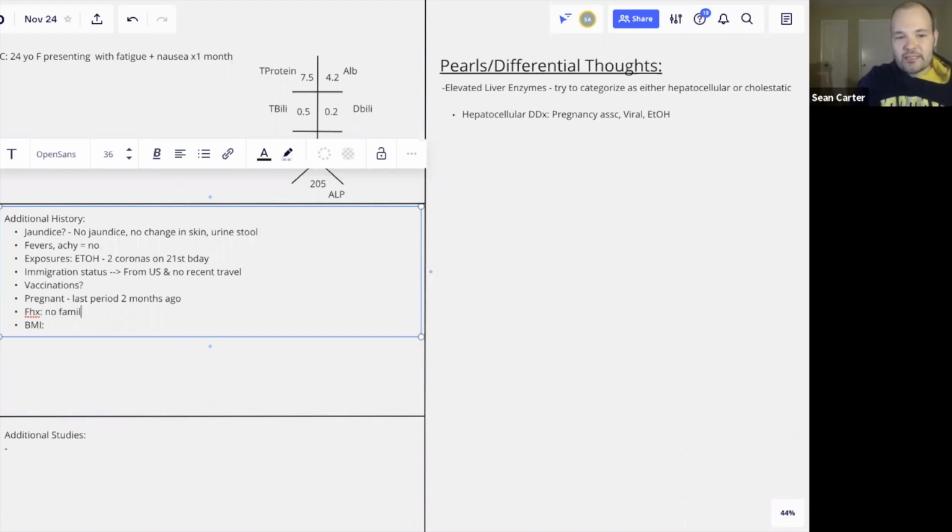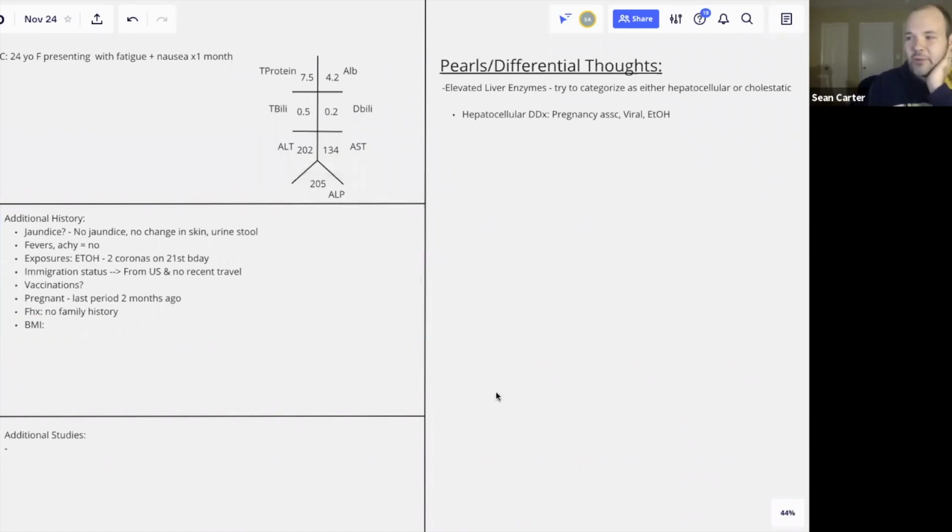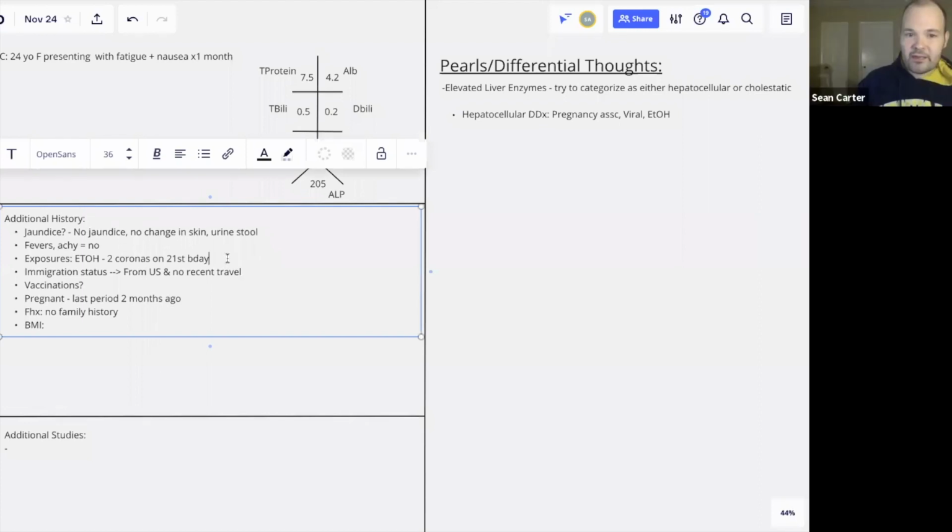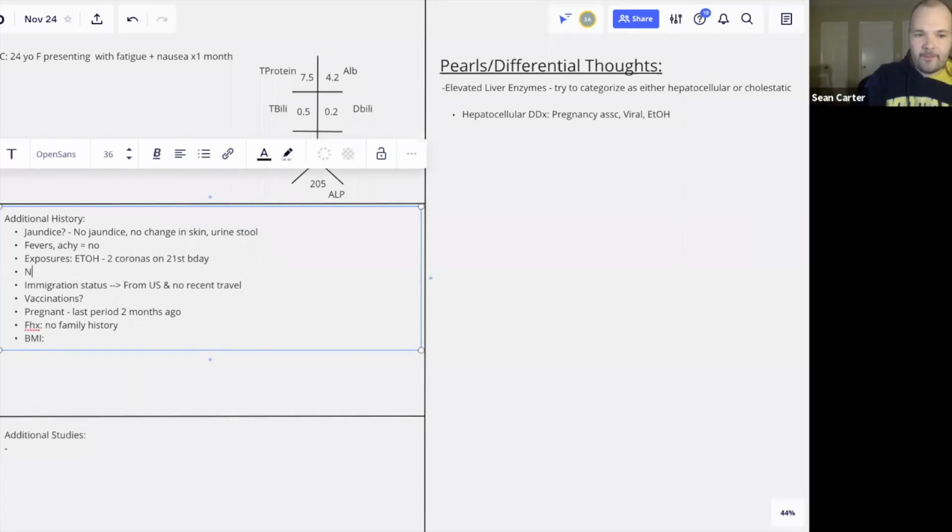The only reason these LFTs were checked is because of this fatigue and nausea that she had presented with. And so her PCP had checked a CBC, a thyroid, and a BMP plus LFTs and had this. And then I guess if she had any weight loss, I always pretty much find a reason to ask that to everyone. Okay, what are you thinking about when you ask about that?